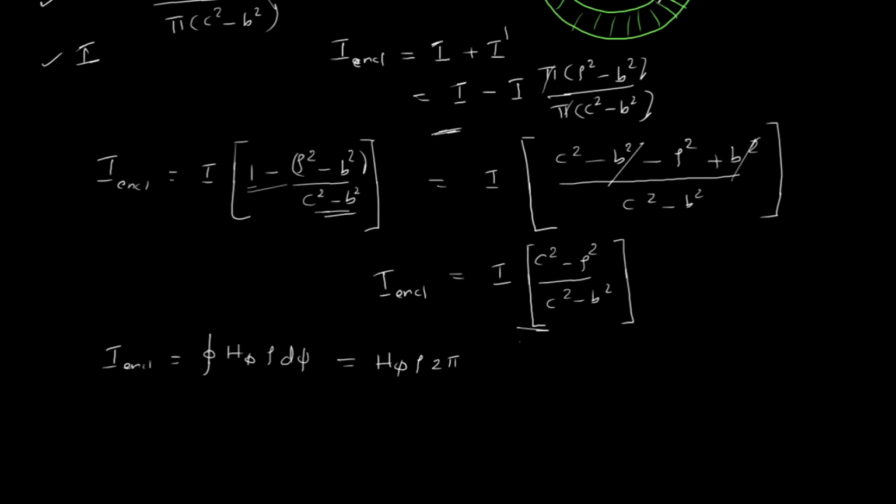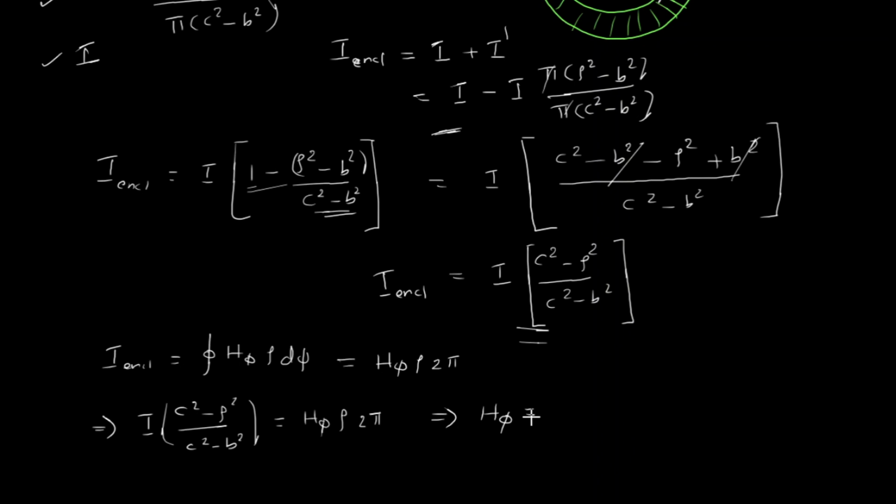So I will substitute this I enclosed value onto the left hand side. So I get I multiplied by c square minus rho square divided by c square minus b square. Now this inside the bracket is equal to my h phi rho 2 pi. So now my intention is to find the expression for h phi from this.